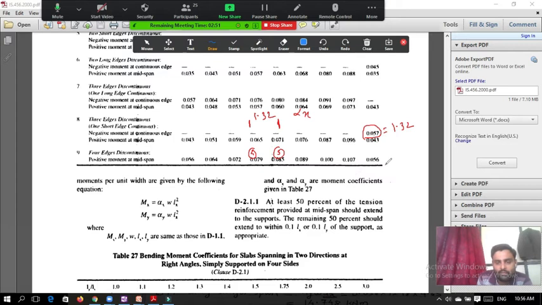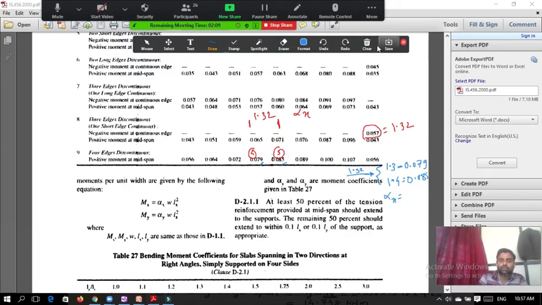For 1.3, the value is 0.079, and for 1.4, the value is 0.085. We want to calculate the value for 1.32. If you do the interpolation between these two values, you will get the value for 1.32. That will be your value of alpha x.